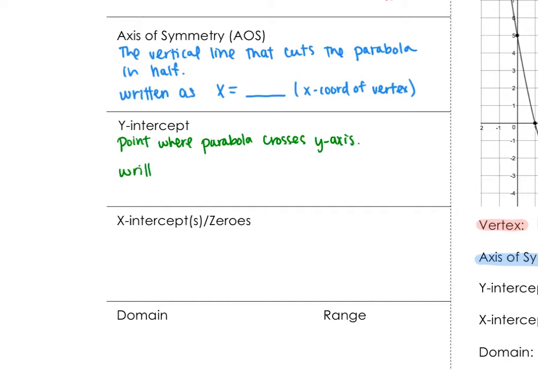And this will always be written as an ordered pair. And the x-coordinate is always 0. So it's always going to be 0, comma, and then wherever it crosses the y-axis would go here. So it's always written as a point, 0, comma, and wherever it crosses.